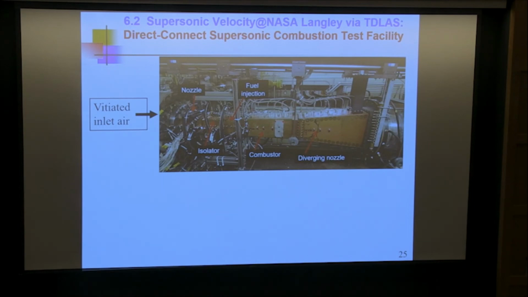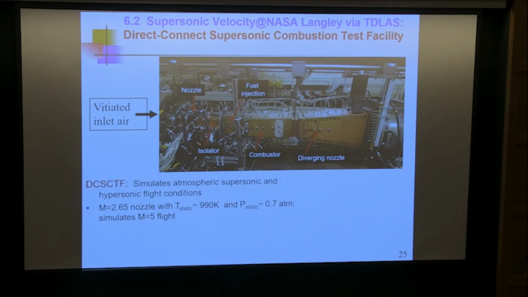So it's just a high temperature wind tunnel in which you want to use air and you want to test its behavior, either flowing over a body or combusting before it's a nozzle. So this is a NASA Langley test called the Direct Connect Supersonic Test Facility. They were working when we were there at about 1,000 Kelvin and about 0.7 atmospheres. That corresponds to Mach 5 flight.